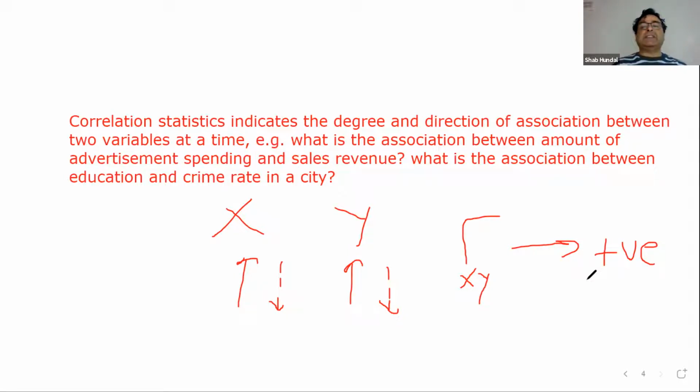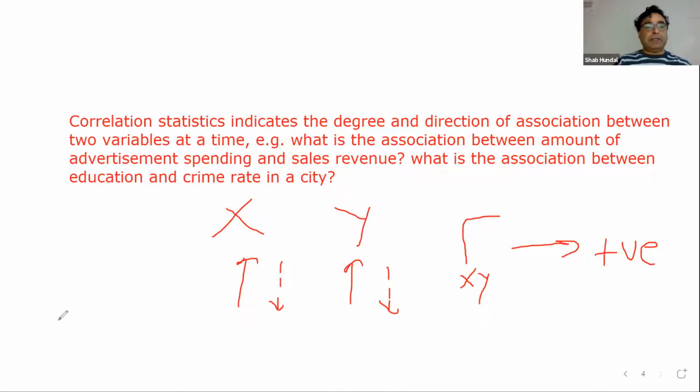But then if you look at the second example, what is the association between the education, let's call it education X, and the crime rate Y? When education facilities go up in a city, what do you think about the crime rate? By common sense, should it rise or fall? The crime rate should go down. On the other hand, if the spending on education goes down, then you expect the crime rate to go up.